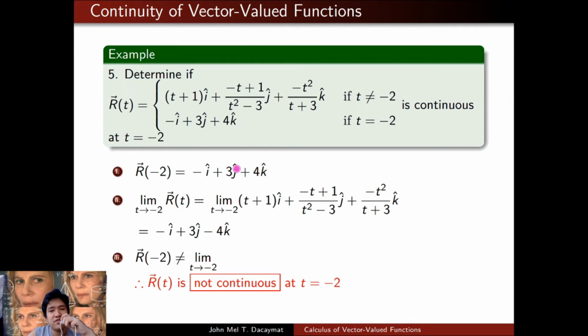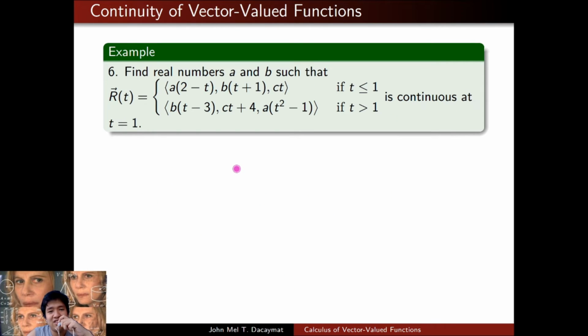Okay? Now, let's try last one example. This is very familiar. Ito yung mga lumalabas sa exam, no? So, we want to find real numbers a and b such that this vector valued function now is continuous at t equals 1. So we want to establish continuity for this vector valued function at t equals 1.